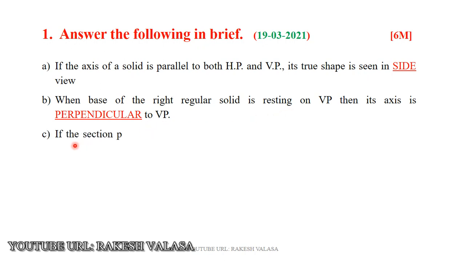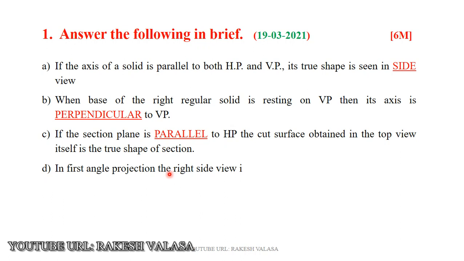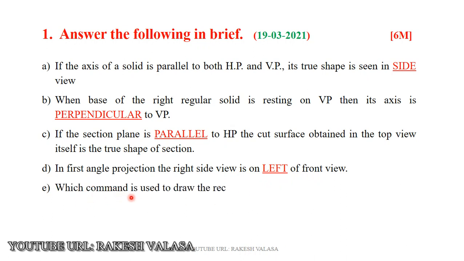Question number C. If the section plane is parallel to HP, the cut surface obtained in the top view itself is the true shape of the section. Question number D. In first angle projection, the right side view is on the dash of the front view. The answer is left. Question number E. Which command is used to draw a rectangle in AutoCAD software? The shortcut key is REC.